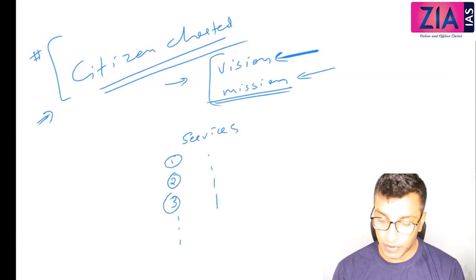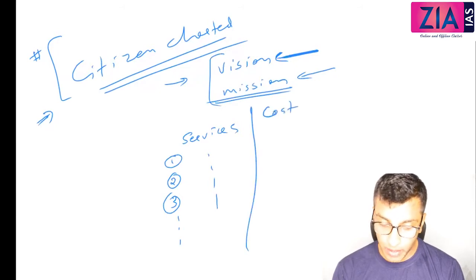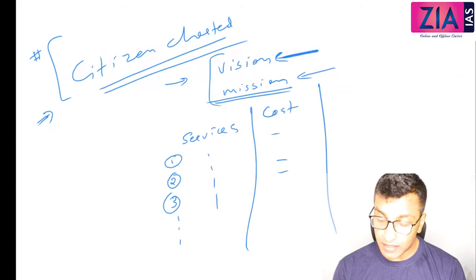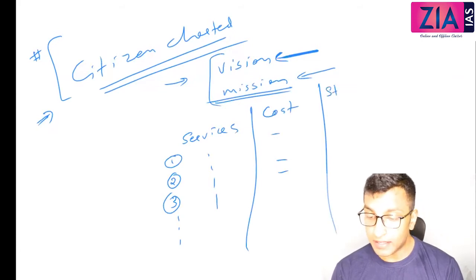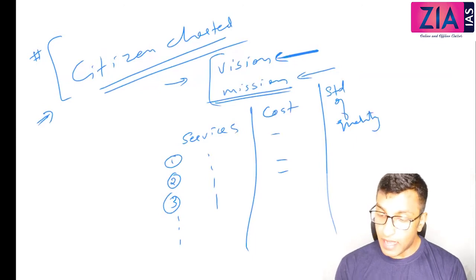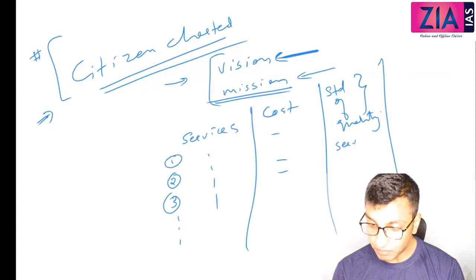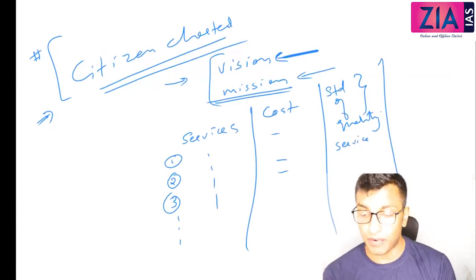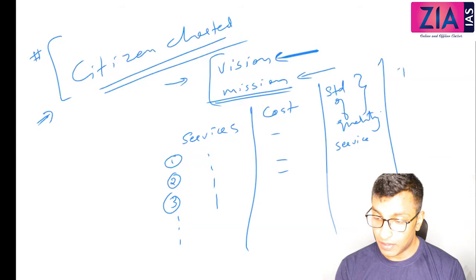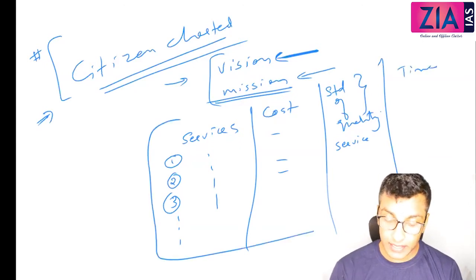What all services are provided has to be listed down, and the cost of the service, and also the quality, the standard of quality of the product or the service, and by what time you can provide the service. So the time has to be listed down. This is what Citizens Charter is.